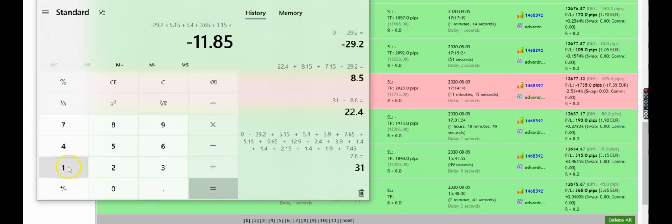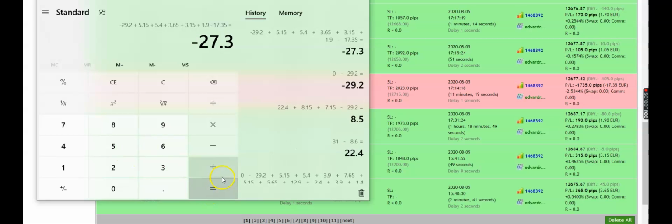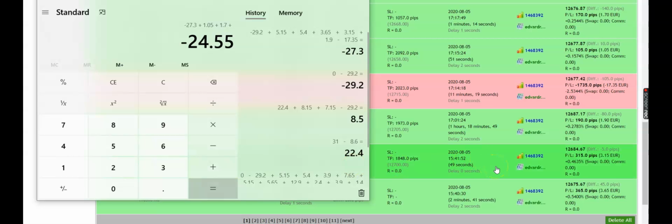Then we made 1.90, and then we lost 17.35. Then we made €1.05. We made a profit of €1.70. Of course, all these trades are on a €1,000 account.